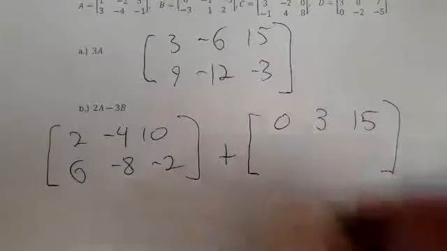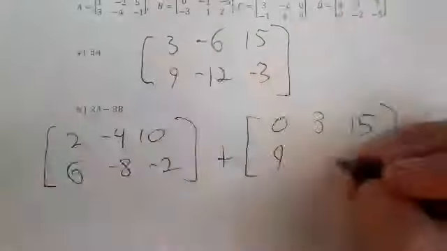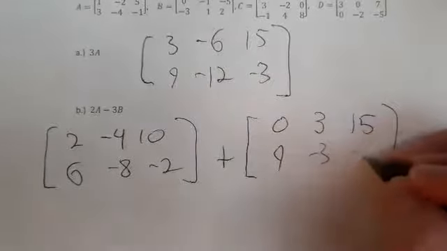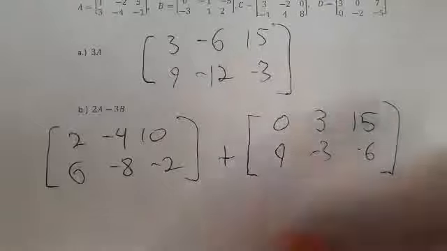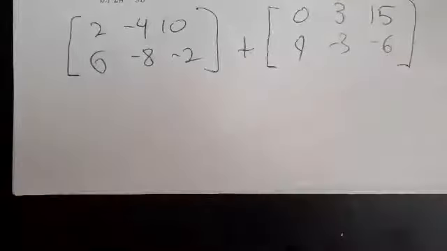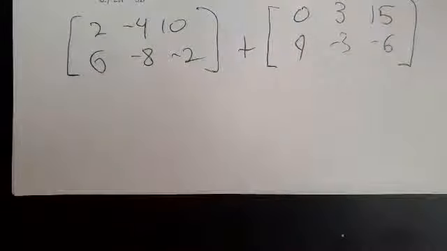Minus 3 times minus 3 is going to be positive 9, minus 3 here, and a minus 6. And so now, if I distribute the negative, now the operation between these two things is addition.